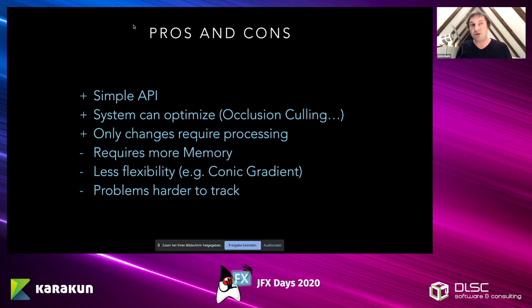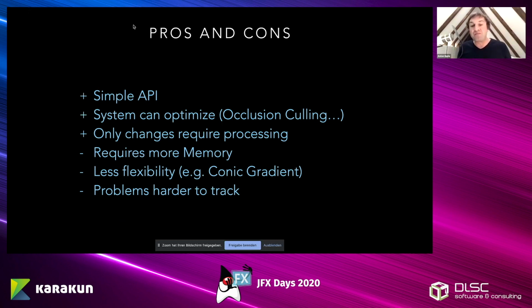So the nice thing about JavaFX compared to immediate mode rendering frameworks like Swing is that it has a really simple API, and you do not have to optimize that much. The system can optimize a lot because it has the whole information. It has the whole scene graph. It has all the graphics objects, and it can do stuff like occlusion culling or clipping, whatever.